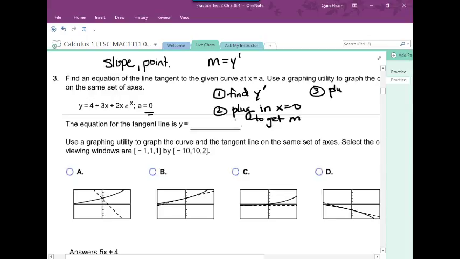In step 2, we're plugging in x equals 0 to the derivative to get the slope. In step 3, we're also going to plug in x equals 0 to the original function, just to get the y value of the point. And then step 4, we're going to use the point and the slope to get the equation of the line. So there's a lot to do here.